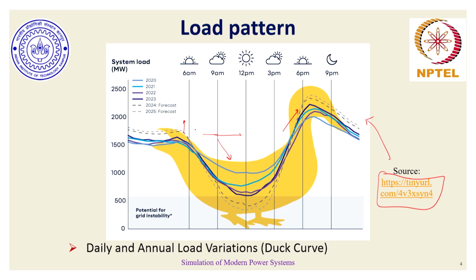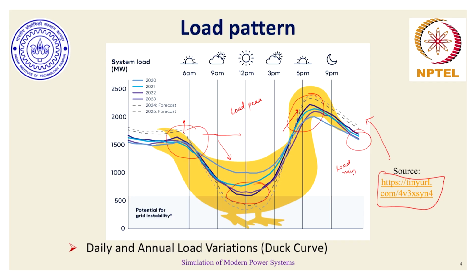So typically in the early morning hours and late evening hours, for any nation, society, community, the load experiences peak, whereas during off-peak hours, typically around the middle of the day or sometime in the middle of the night, the load also goes down to its minimum value.